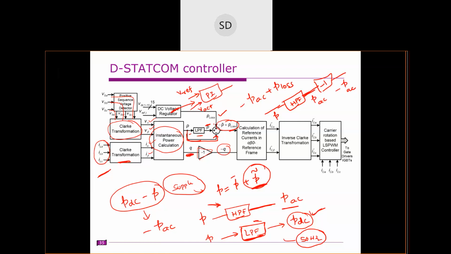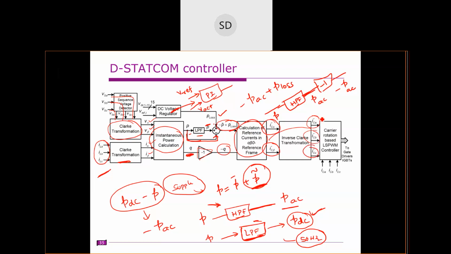But we already discussed that usually the design of the low pass filter is easy when compared to the high pass filter. That's why we prefer the low pass filter. Once these powers are calculated, by using the calculation of reference current we get i_C alpha and i_C beta, and after that by using the inverse Clarke transformation, we have i_CA, i_CB and i_CC.